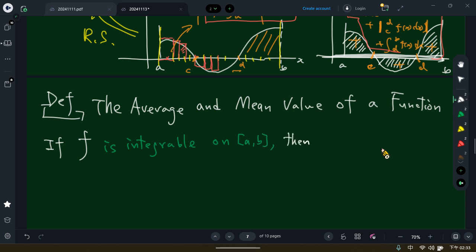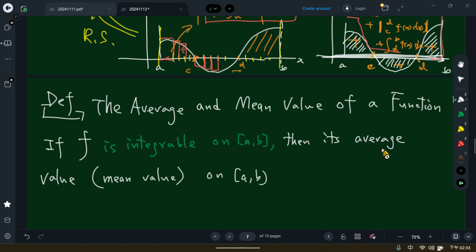then its average value, or we call it mean value, on [a, b] should be: the average value of f is equal to the integral of f from a to b divided by its length.